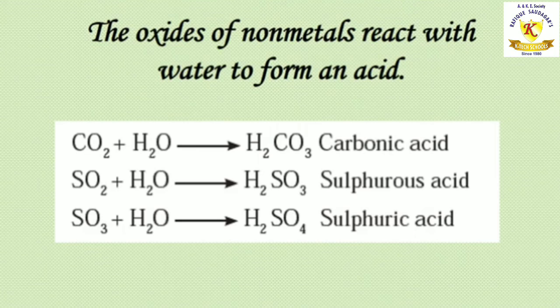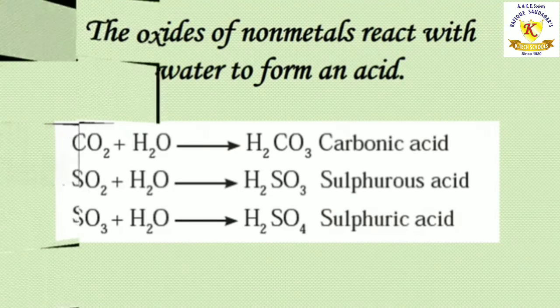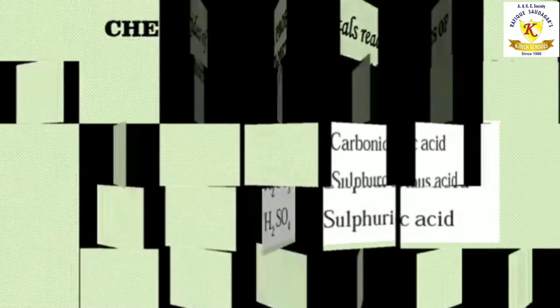So these were some examples where the oxides of non-metals react with water to form acid. So with these examples, you must have understood it clearly. Isn't it, children? Is it helpful for you? Yes.